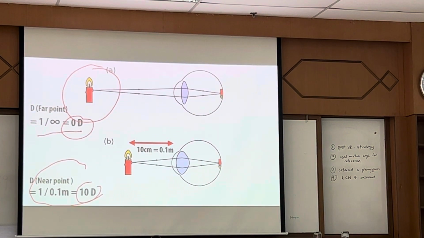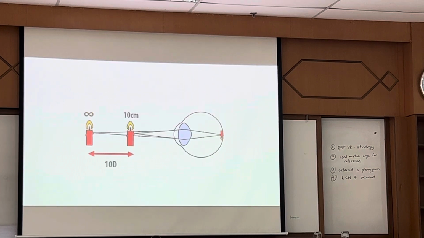This is the range of power that the patient has; the difference is 10 diopters. So using the formula just now, dioptric power is equal to 1 over focal distance, this patient has good vision from infinity until 0.1 meters. That's the amplitude of accommodation. So far okay? Understood so far?